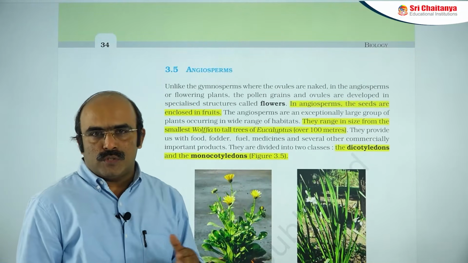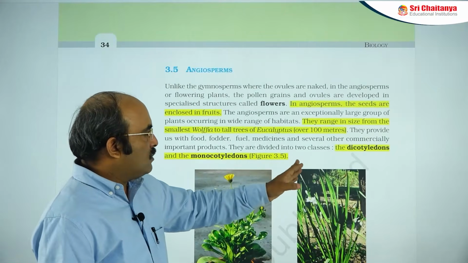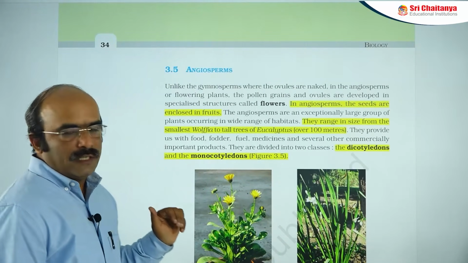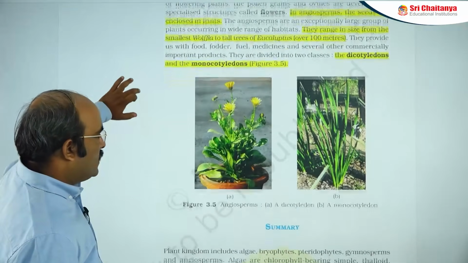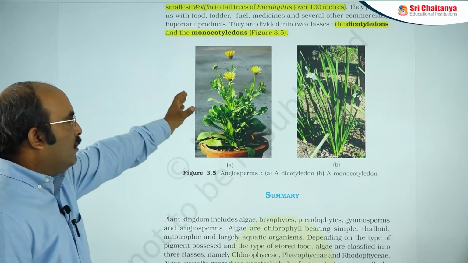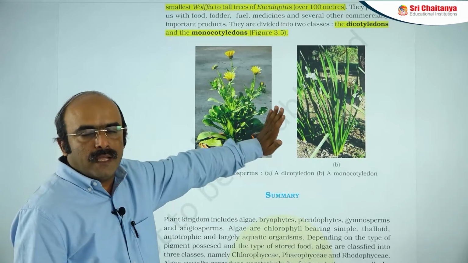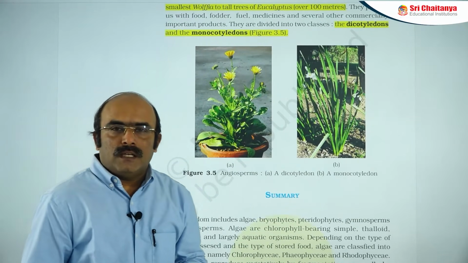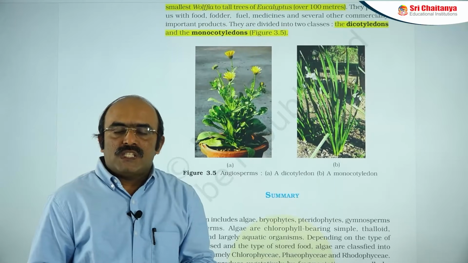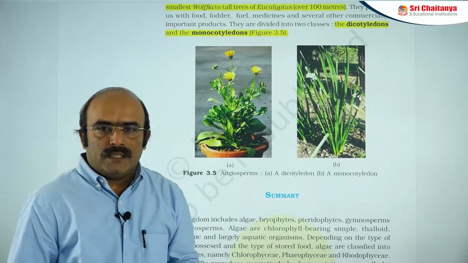So these are the variations with regard to dicotyledonous and monocotyledonous plants in regard to the angiosperms. So these are the diagrams which show you a difference in the dicotyledonous plant and a monocotyledonous plant. So this is regarding the various important lines of NCERT textbook.